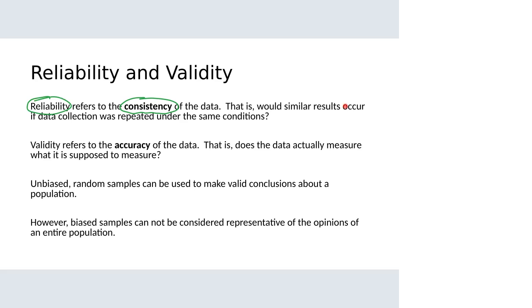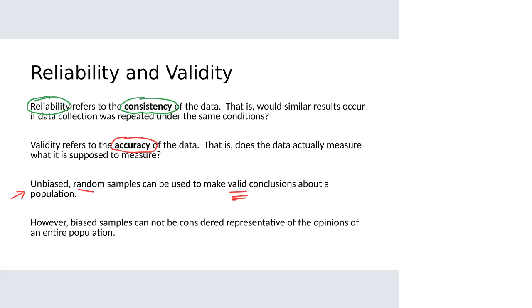Validity is about the accuracy of the data. And what that means is, did what we do measure what it was supposed to measure? Were we doing the right thing for this particular question? And what that's about is, if you do an unbiased, random sample, that's how you can make valid conclusions.